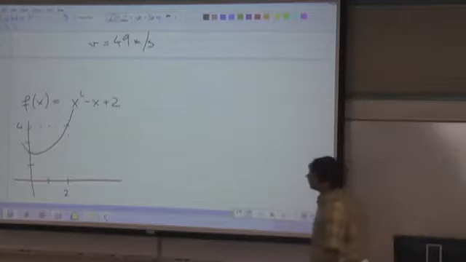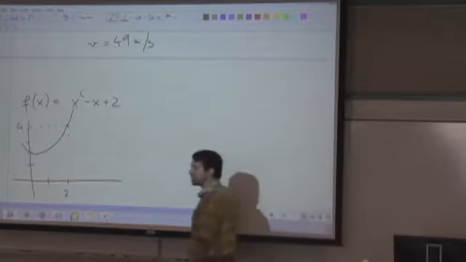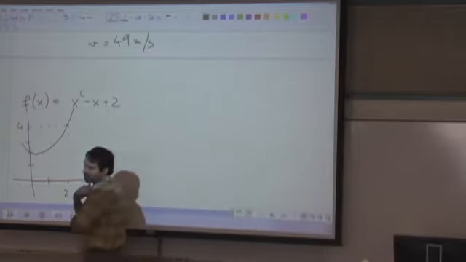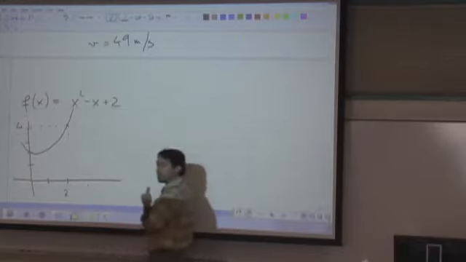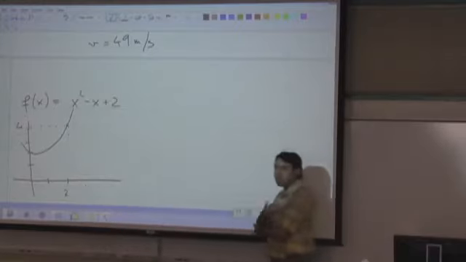What is the limit as x goes to 2 of f of x? This is actually what we're going to try and come up with. And so the question is, as x gets closer and closer to 2, what is the value of f?